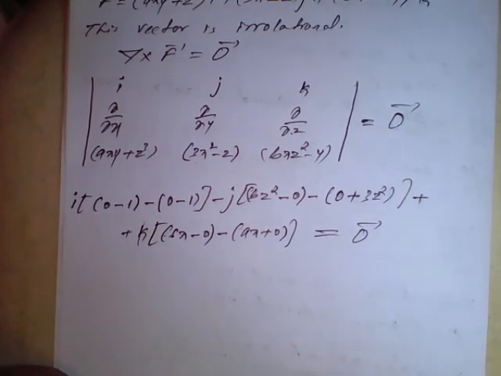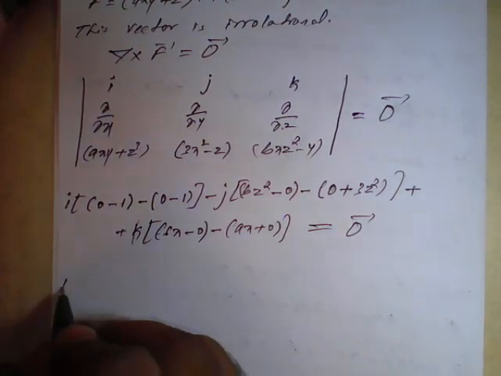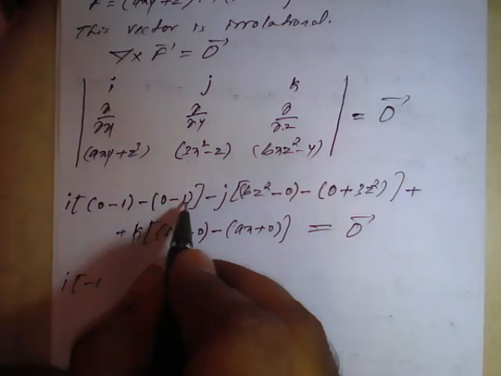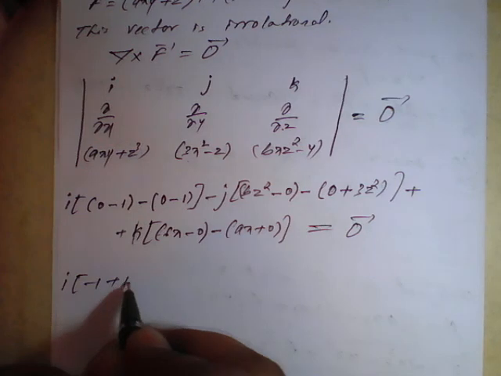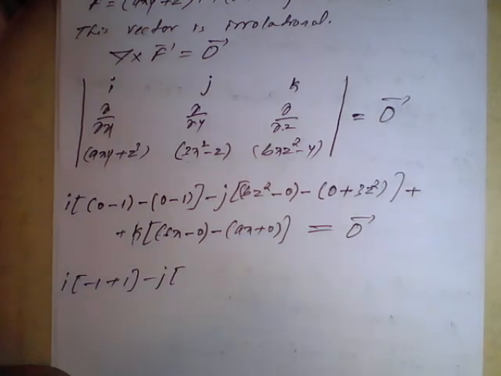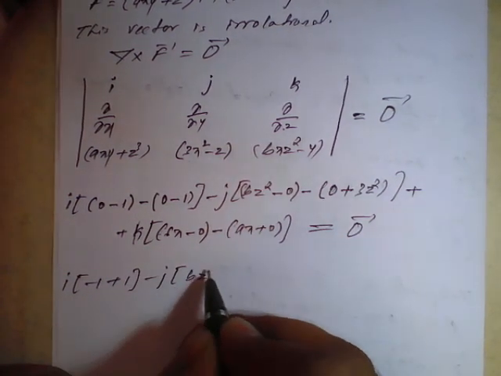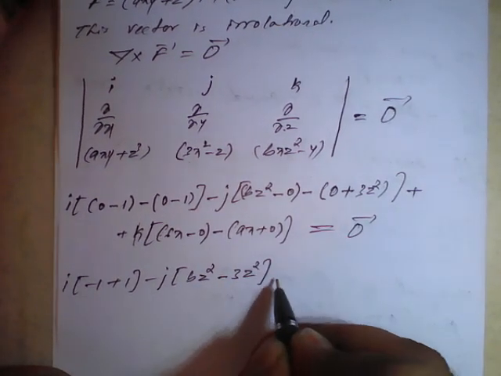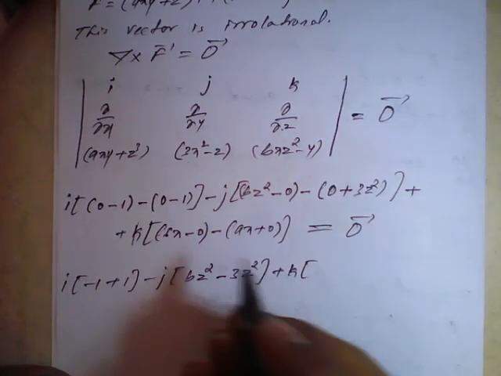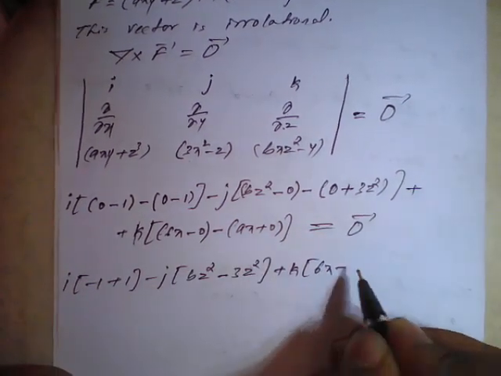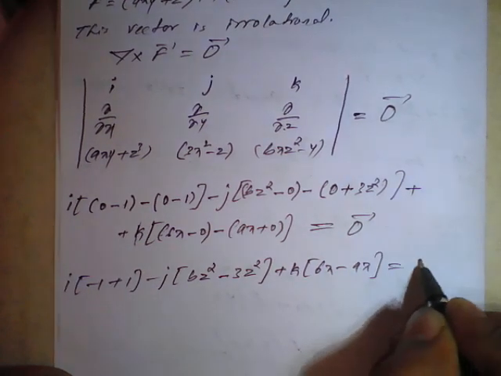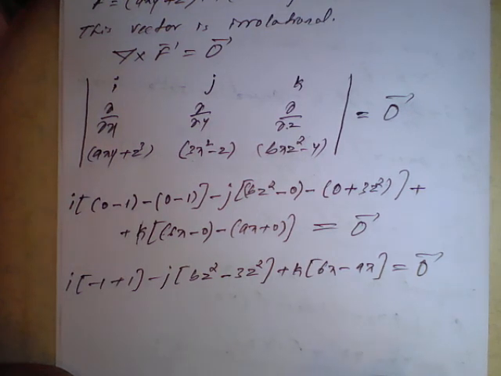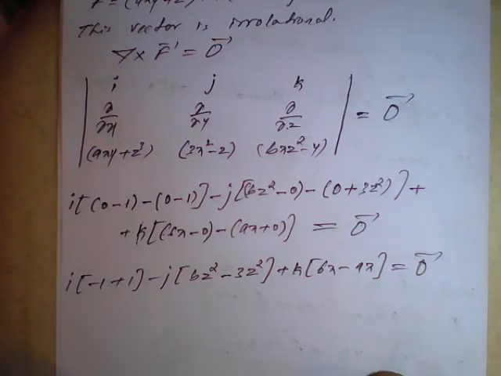Now on simplification of the brackets of i, j, k: for i, 0 minus 1 is minus 1, 0 minus 1 is minus 1, and minus minus becomes plus 1. Minus j times (bz square minus 3z square), plus k times (6x minus ax), equal to 0 vector. Minus 1 plus 1 will cancel and become 0.